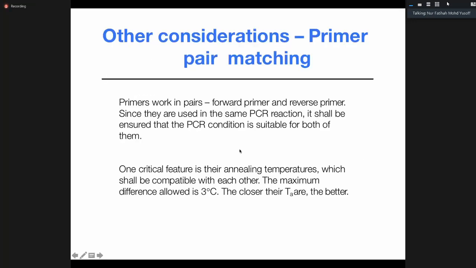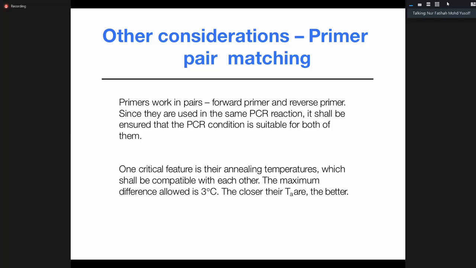Other consideration, primer pair matching. In principle, primers work in pairs, but sometimes you can run a PCR using only one primer. You can choose to run using the forward primer only or the reverse primer only, but it may produce only one strand, not both sense and antisense.